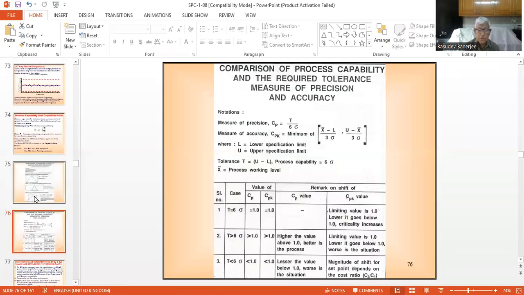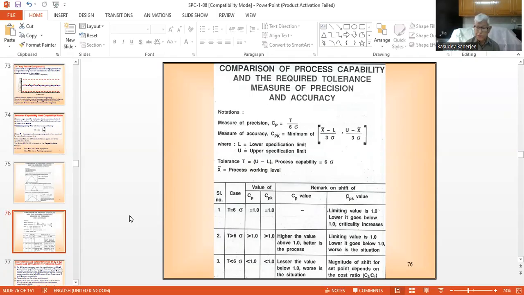You see here, measures of precision: CP is the voice of customer, T, tolerance, U minus L, upper specification minus lower specification, is the voice of customer. And 6 sigma estimated from R bar by D2 will be the voice of process. Voice of customer by voice of process gives you the measure of precision.